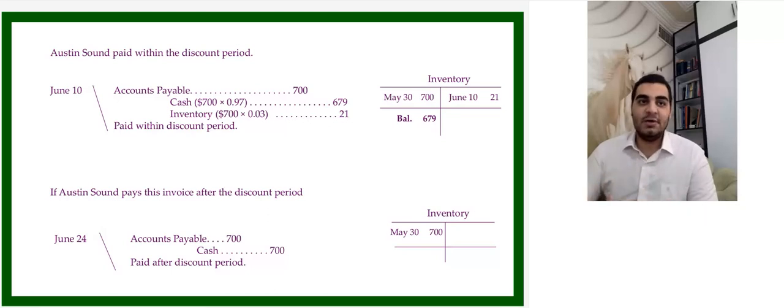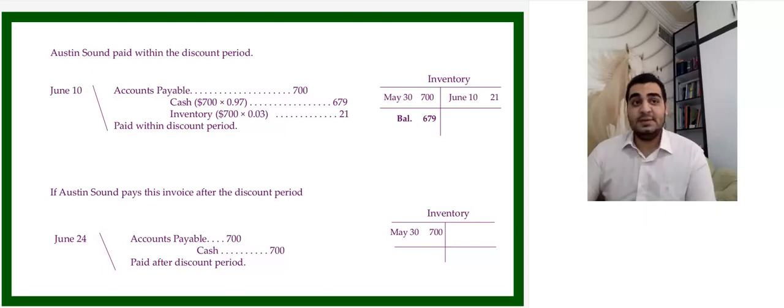So our inventory is credited for $21. And of course, our cash is credited for the rest of the amount. So as you see here in the T account for inventory, on May 30th, we had a purchase of $700. Then $21 were deducted because of the discount. So the balance amount will be $679.